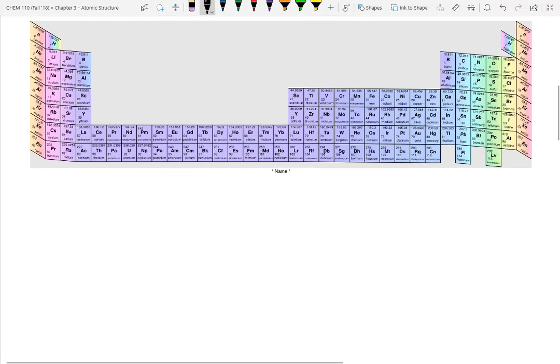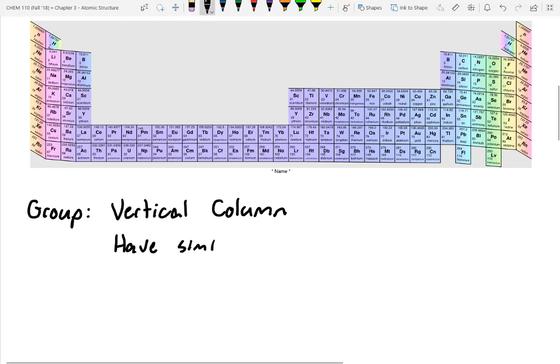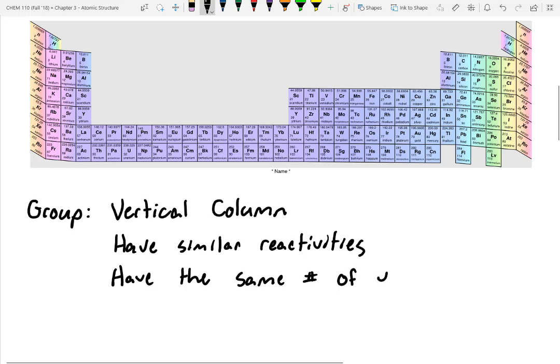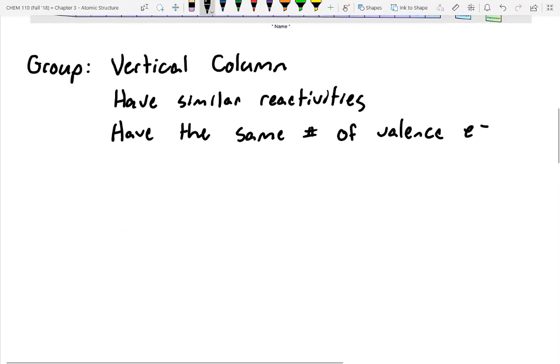So let's briefly describe some of the terminology. A group is a vertical column. Those were those numbers that I gave you in red. They have similar reactivities, and they have the same number of valence electrons. That's why they have the same reactivities. This is different than a period.